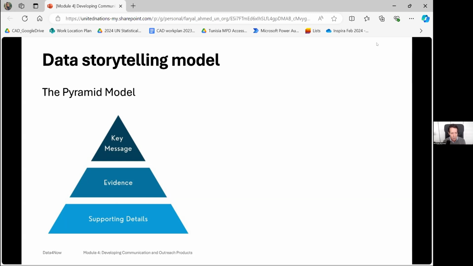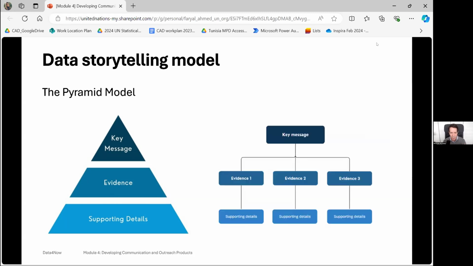In the next slide, we can see the way that this would be laid out. For example, if you have 3 pieces of evidence, sometimes you'll have more, sometimes you'll have a little bit less. But the idea is to, once again, start off with that key message and then find 3 pieces of evidence that align and support that key message with more details for each of those.